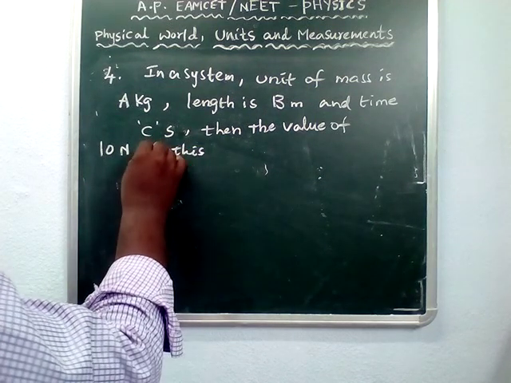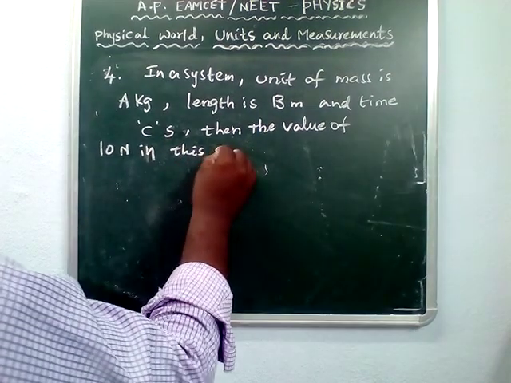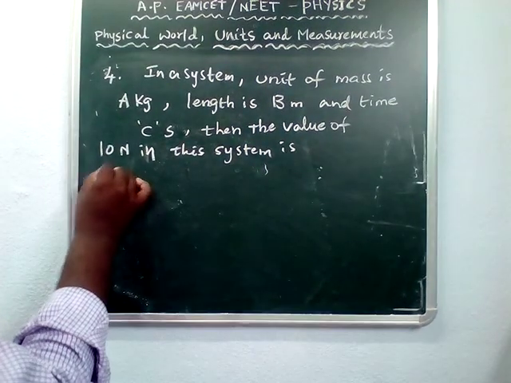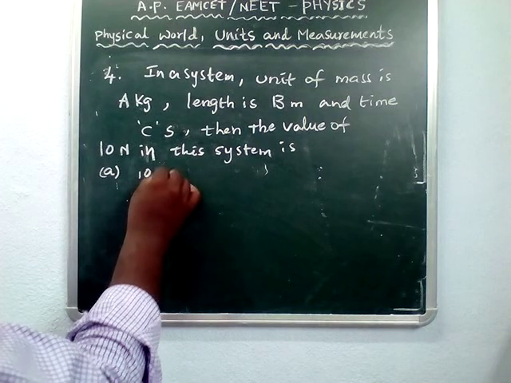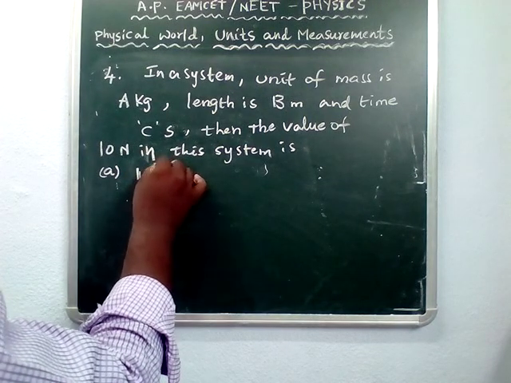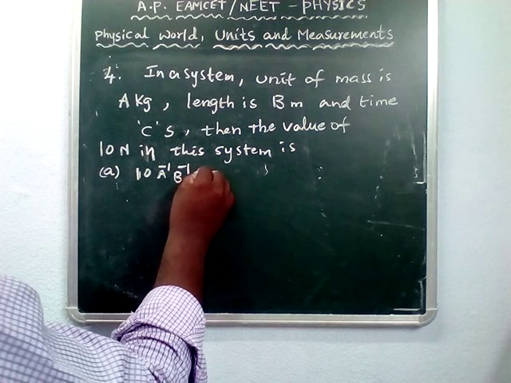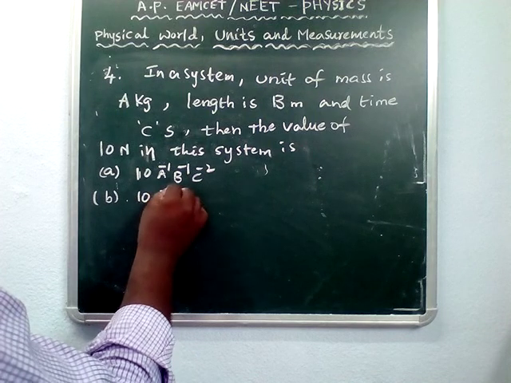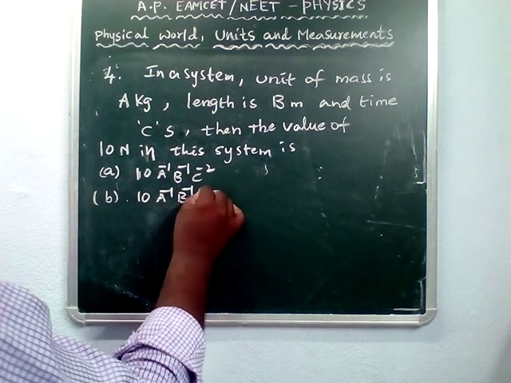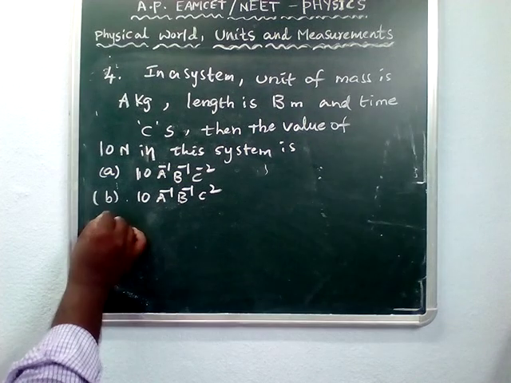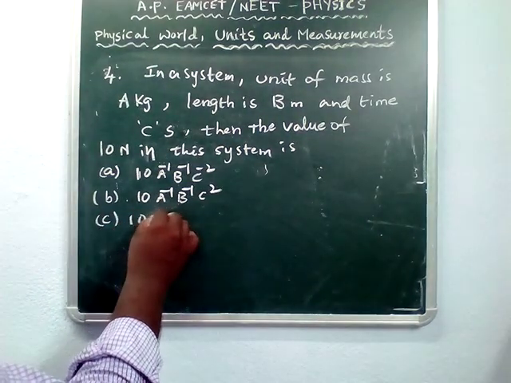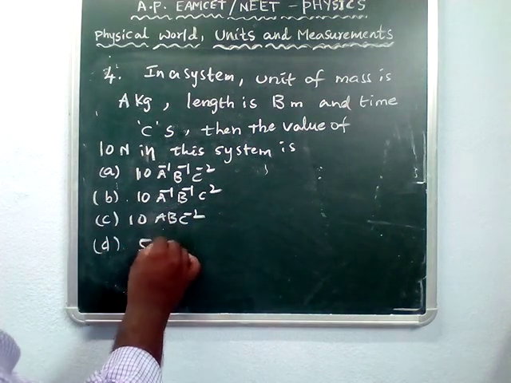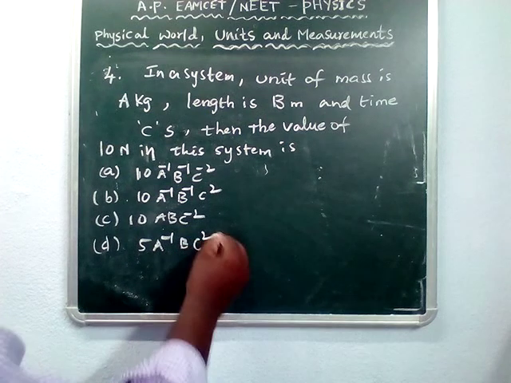In the new system, 10 Newton will be represented as, and the options are: option A, 10 a inverse, b inverse 1, c inverse 2; option B, 10 a inverse, b inverse, c square; option C, 10 a b c inverse 2; option D, 5 a inverse b c square. Understand?